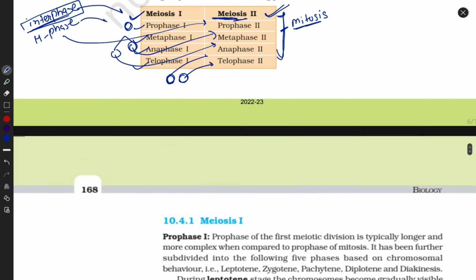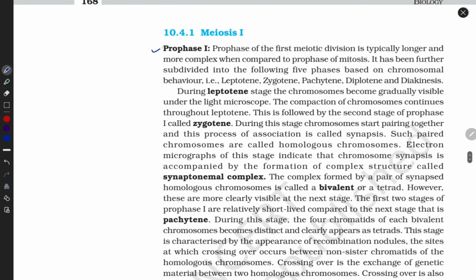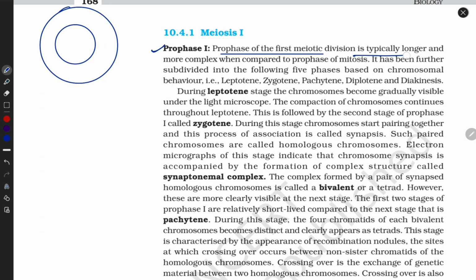Now let's start with meiosis 1. The first step is prophase. Like before, this is the nuclear envelope and this is our cell. Clear, guys? Now let's move further. Prophase of the first meiotic division is typically longer and more complex compared to prophase of mitosis.